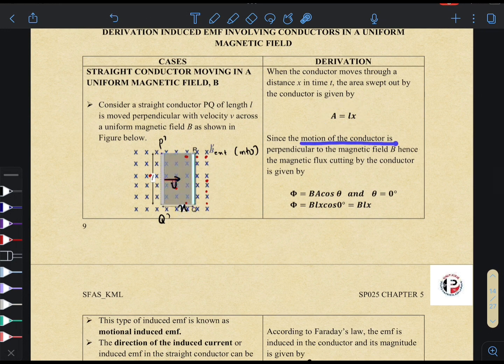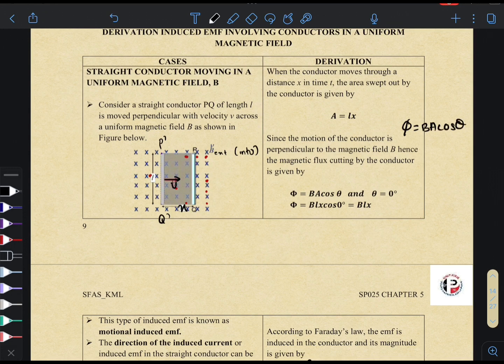Since the motion of the conductor is perpendicular to the magnetic field B, the velocity is to the right and the B here is into the page. They are perpendicular to each other. Hence, the magnetic flux cut by the conductor is given by, we know flux equals BA cos theta.